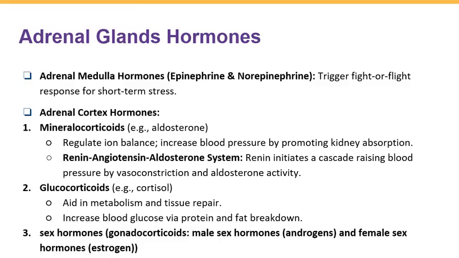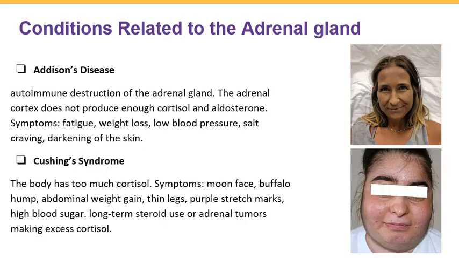Now let's talk about some conditions related to the adrenal gland. Let's start with Addison disease. Addison disease is an autoimmune disorder, which means the body's immune system destroys the adrenal cortex. This leads to low cortisol and aldosterone levels.